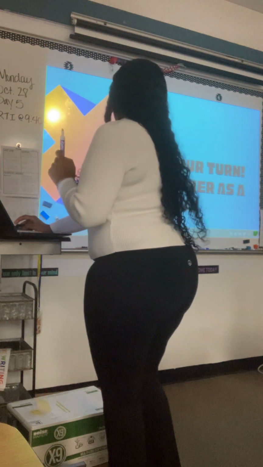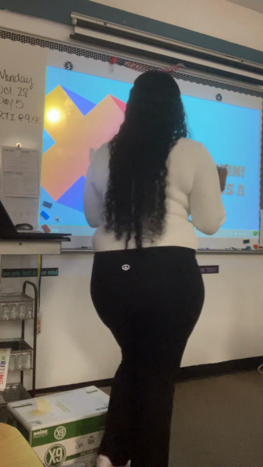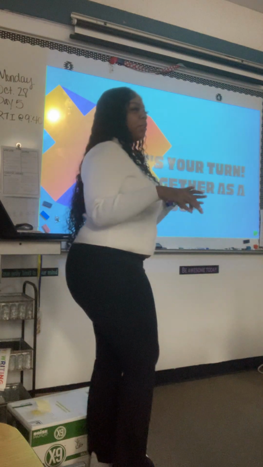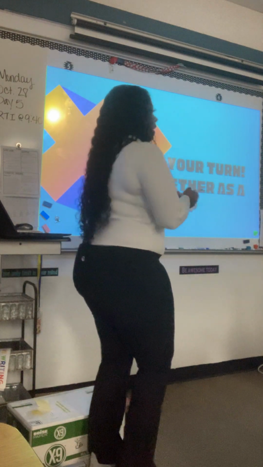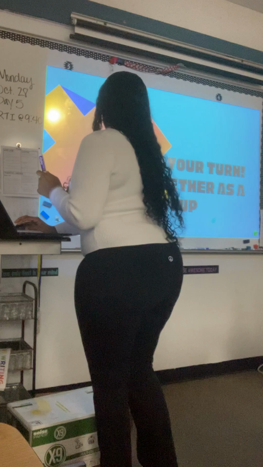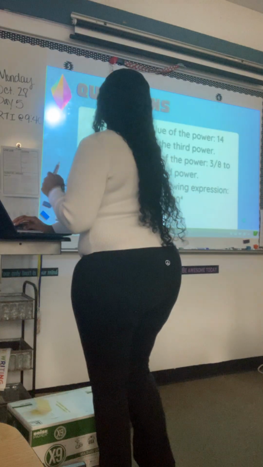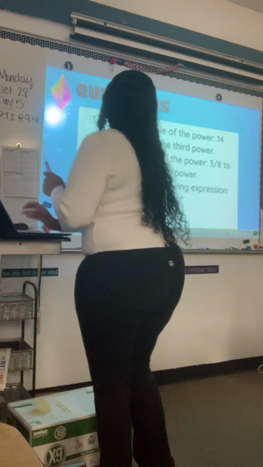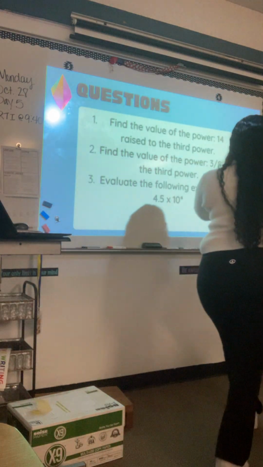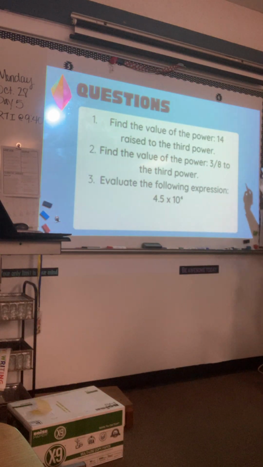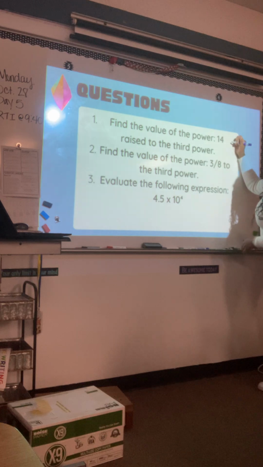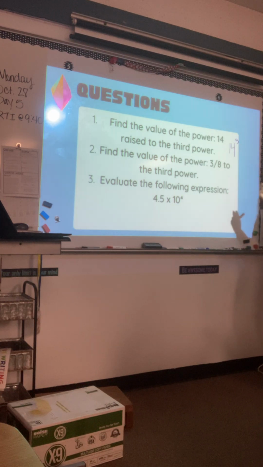Okay, so now we're going to work on some questions together before we get into the whole class game I made for you guys. So with your group, this is when you get out your whiteboards. We're going to do these following expressions. So find the value of the power 14 raised to the 3rd power. So that will be written like this. So you'll talk with your partner.